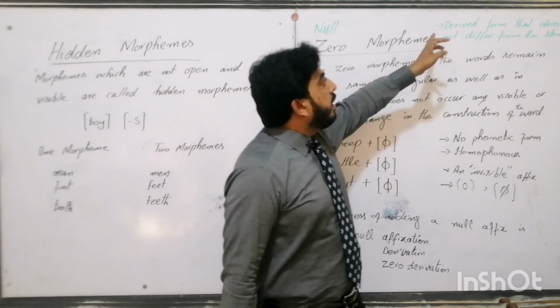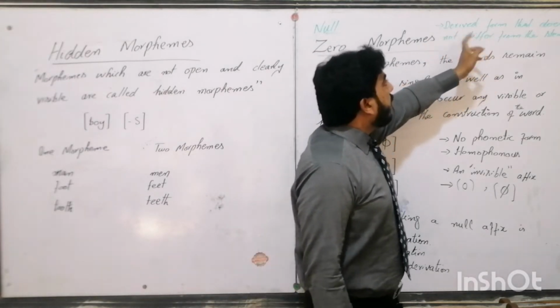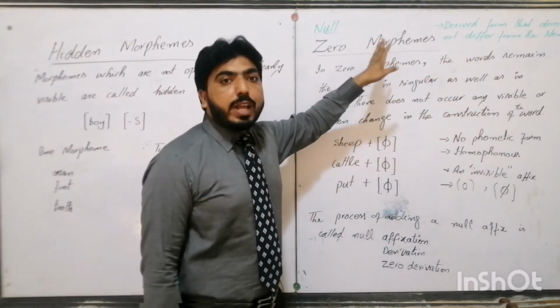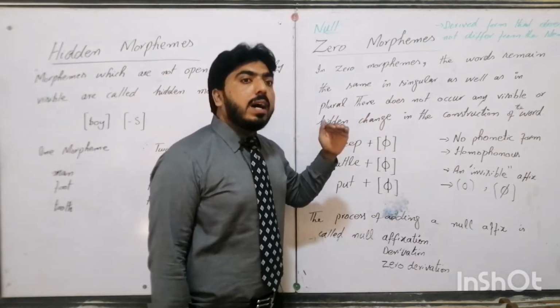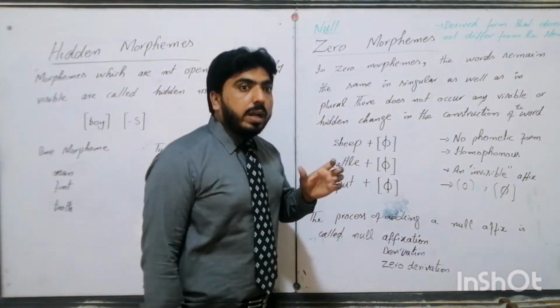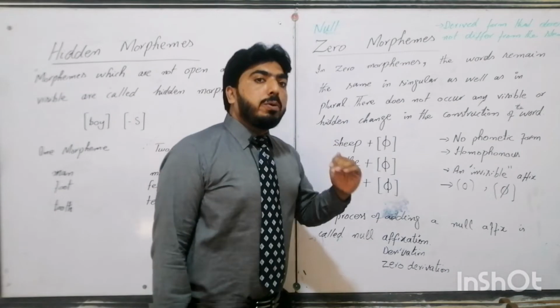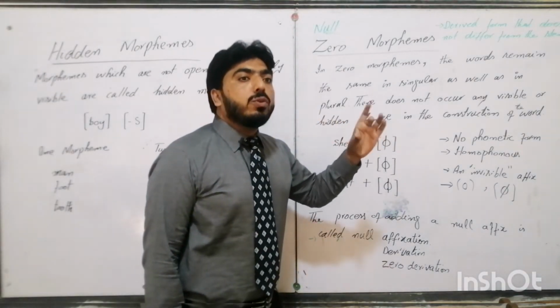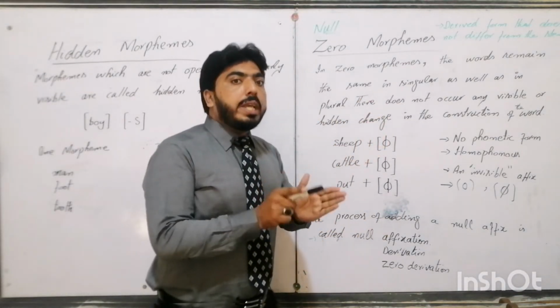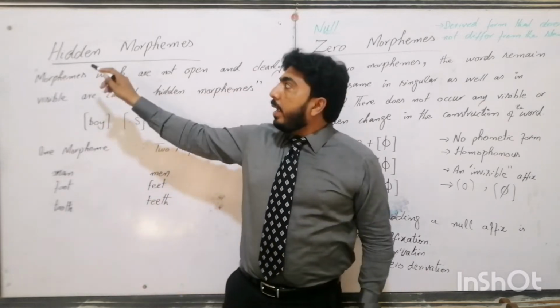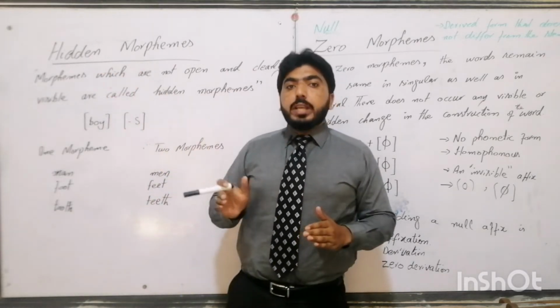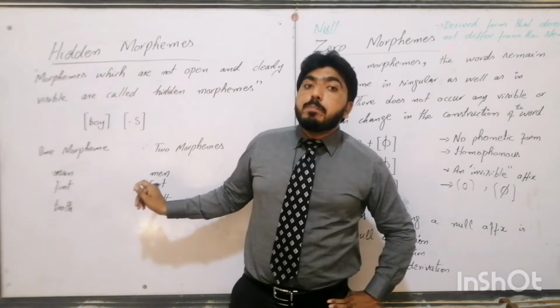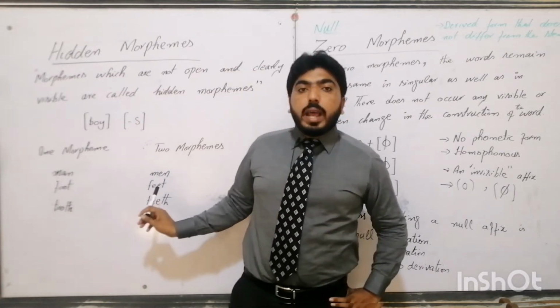Another definition: derived form that does not differ from the stem. Sheep is the stem in singular, and when we change it into plural, sheep is also plural. So there is no change in stem, but in hidden morpheme there is change, like man and men, foot and feet.